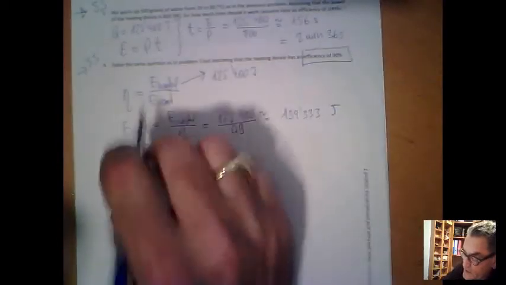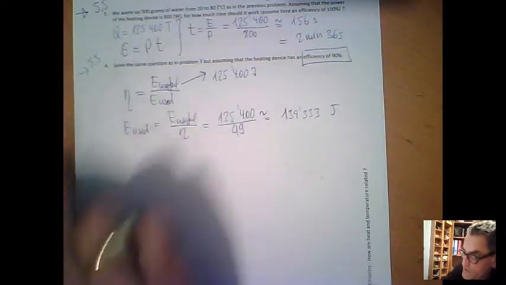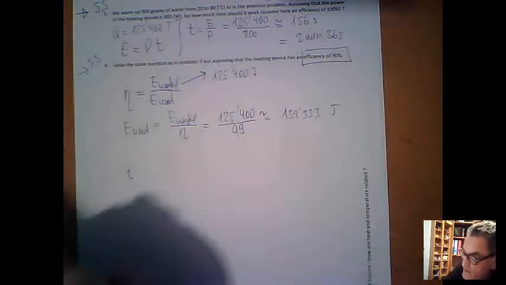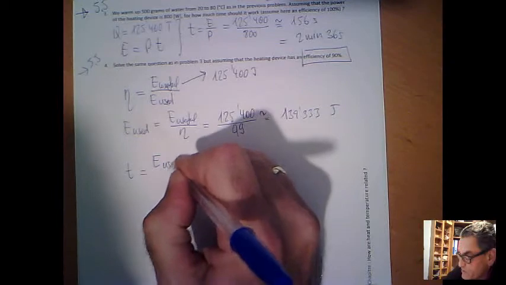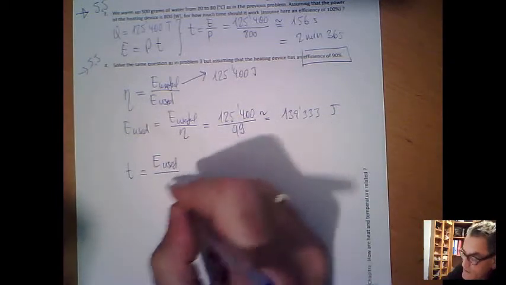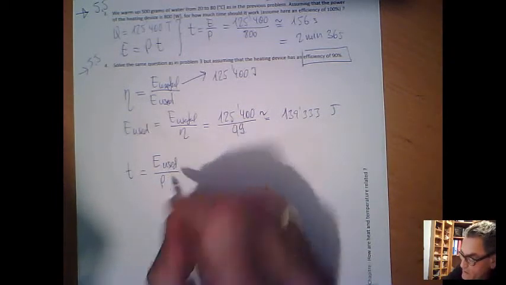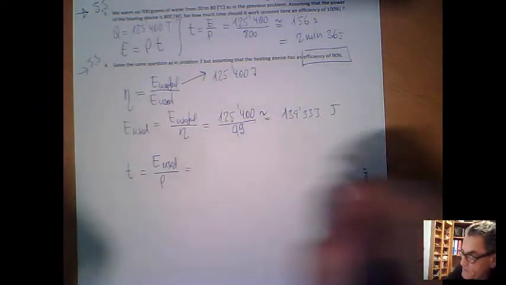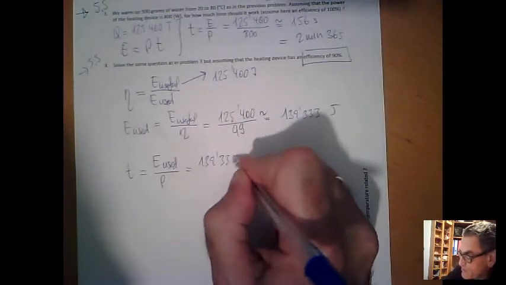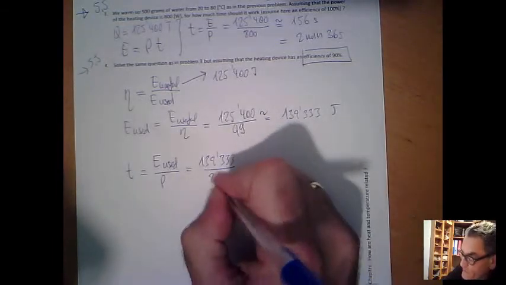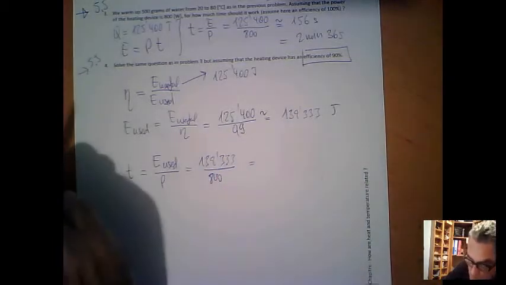Well, we have the same power for heating. So we are going to use this formula here, but now the time is going to be the energy used divided by the power. So that's 139,333 divided by 800.